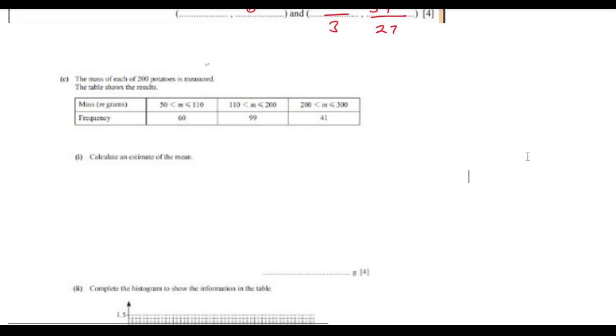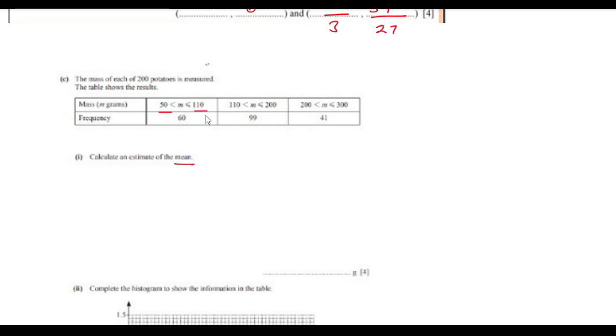The question is, the mass of each of 200 potatoes is measured. The table shows the result. Calculate the estimate for the mean.